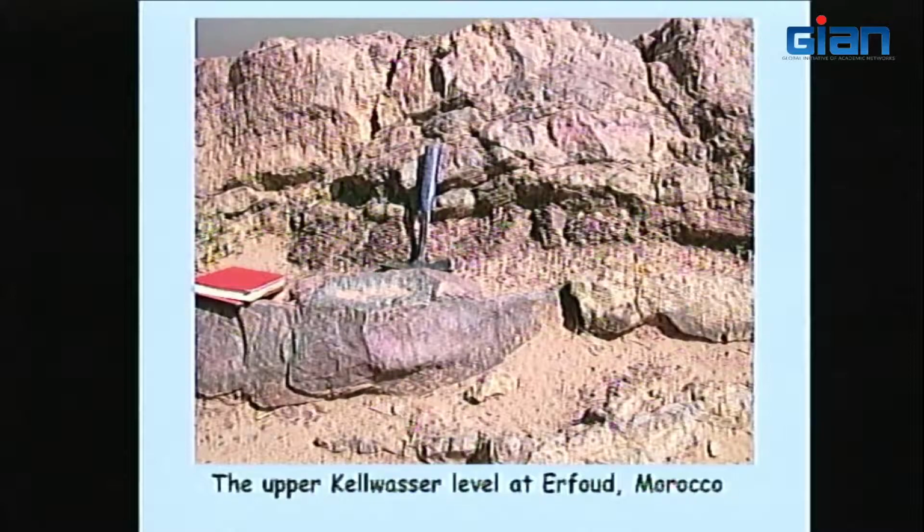We name this Kellwasser because the place where these two black shales were named is in the valley of Kellwasser in Germany. So here, this is the upper Kellwasser level, and you can see some carbonates here, and here some black shale, laminated. There is almost no oxygen, and a lot of organic matter in these layers.